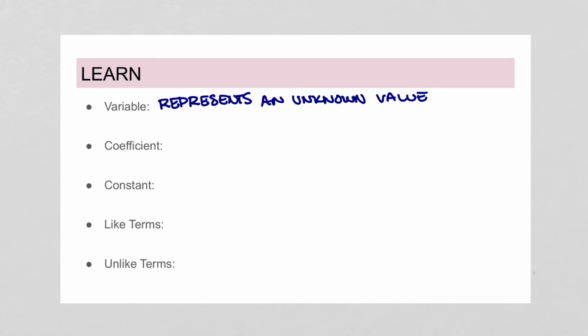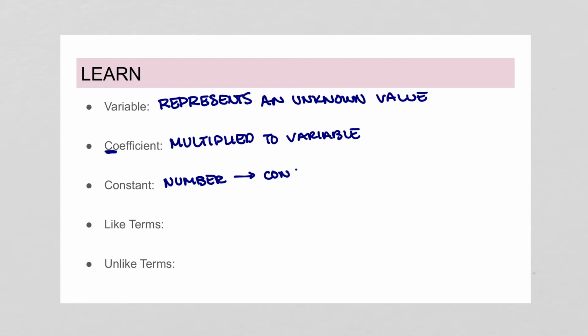A coefficient is multiplied to the variable. So it goes with that variable right in front of it generally, okay? And a constant is a number. It's always the same. It is constant. It has a constant value, okay?